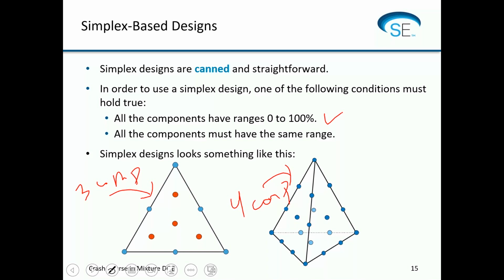So for example, A can go from 1 to 9, B can go from 2 to 10, and C can go from 21 to 30, meaning that when you look at the high minus low, it's 9. So essentially they all have the same range. So as I said, these are some examples of simplex designs here.